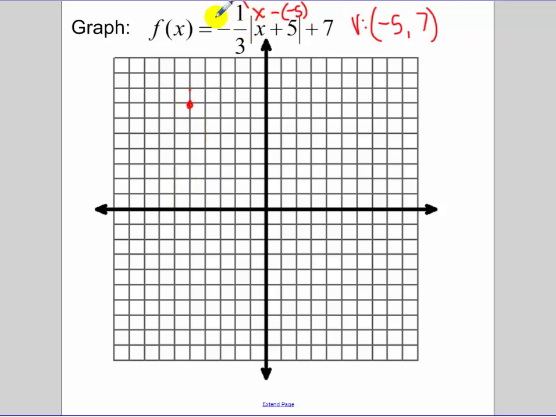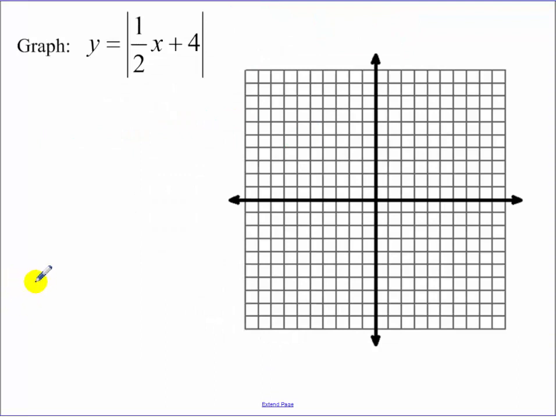Now since the a is negative, we open down, and I go down 1, right 3, down 1, right 3, and down 1 and left 3. And notice how you have some symmetry points going on there. So that is what your absolute value graph looks like.